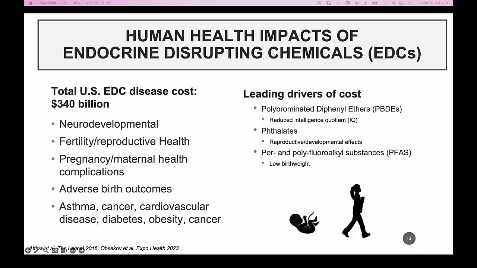And EDCs as a whole have been linked to a wide range of health impacts across the life course, from cancer to asthma to infertility and neurodevelopmental problems. And the U.S. disease cost from EDCs has recently been estimated to be $340 billion, with PBDEs and phthalates cited as the leading drivers of that burden.